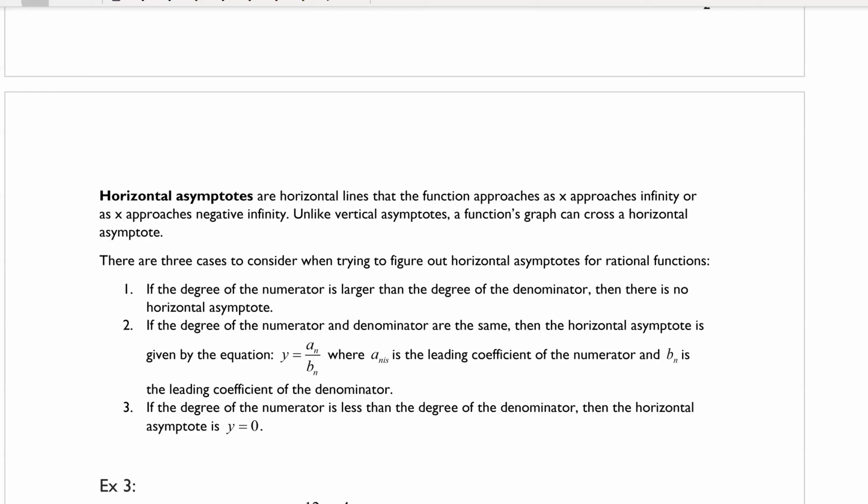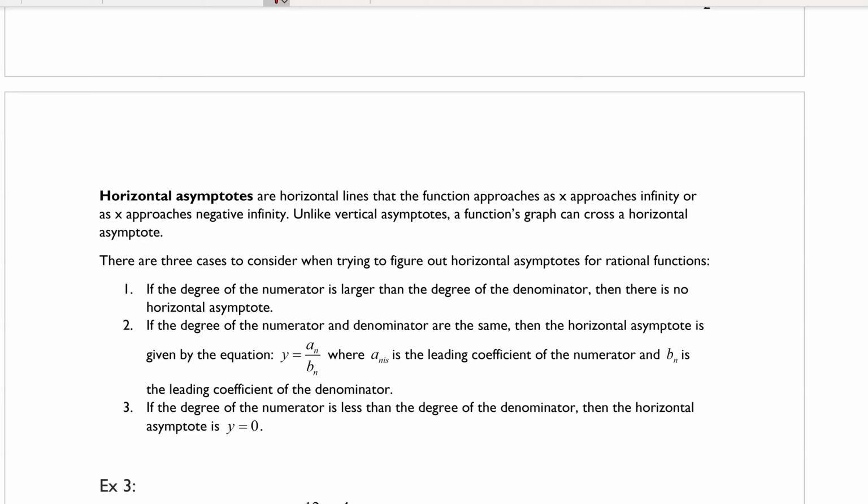The second case, if the degree of the numerator and denominator are the same, then the horizontal asymptote is given by the equation y equals a sub n divided by b sub n, where a sub n is the leading coefficient of the numerator and b sub n is the leading coefficient of the denominator.